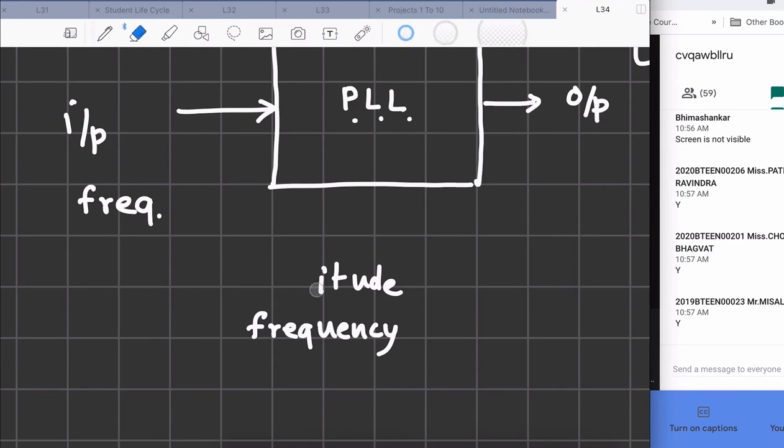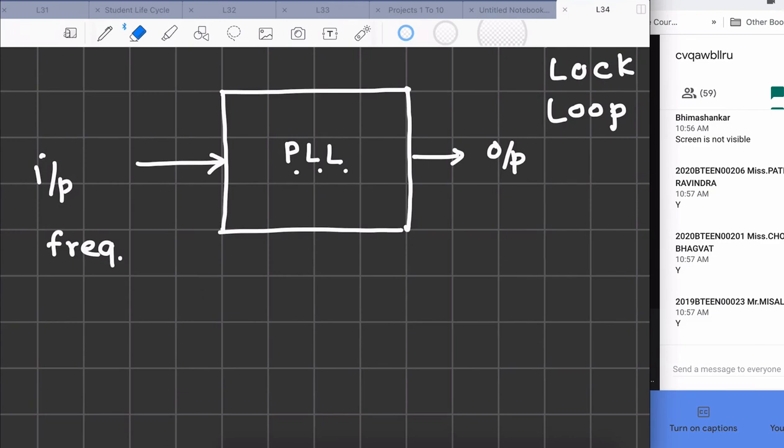Right. So what we understand is PLL is a block, the long form of PLL is phase locked loop, and it has an input and an output. Input is a signal which has some frequency, and output is also a signal which has some frequency.